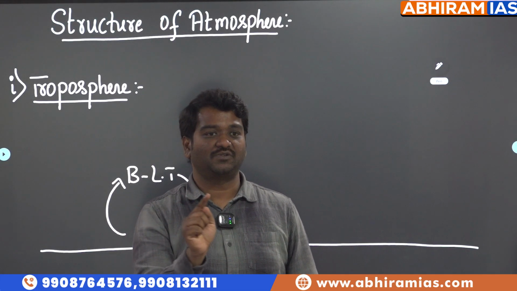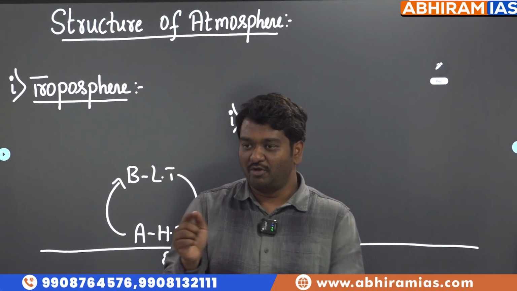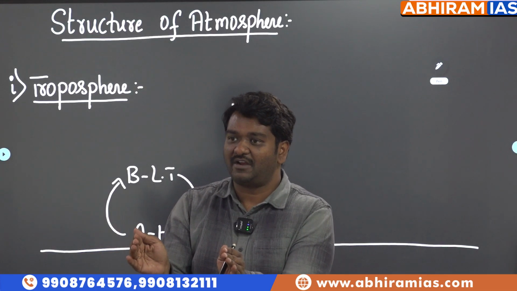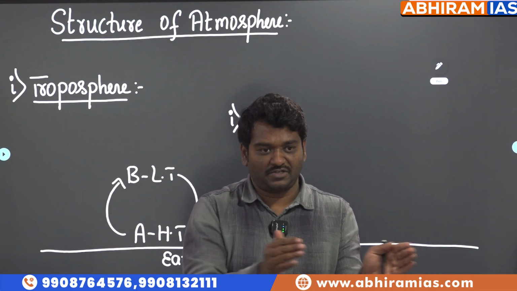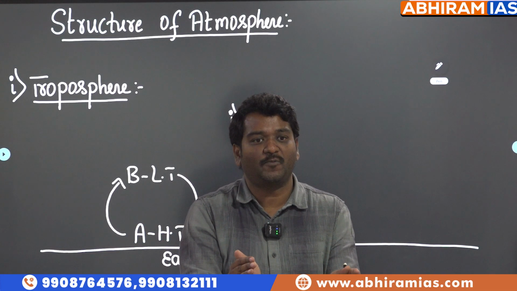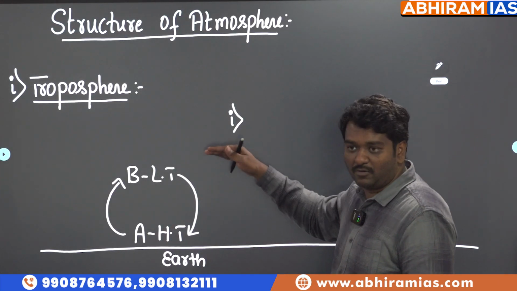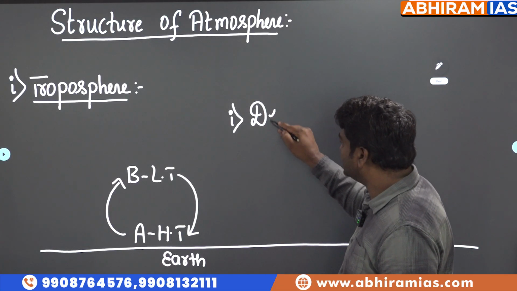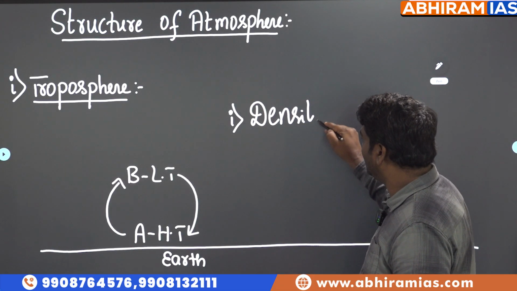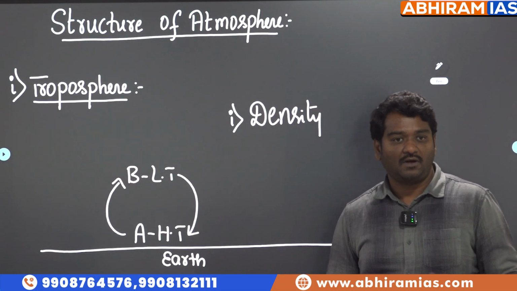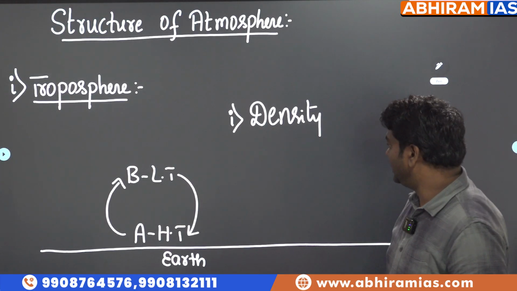High density leads to high pressure leads to high temperature. Low density leads to low pressure leads to low temperature. So, as I go above, density decreases, and as density decreases, temperature also decreases.